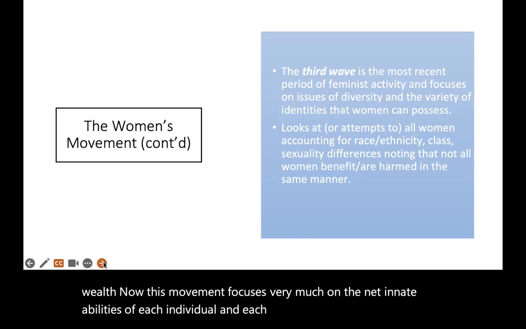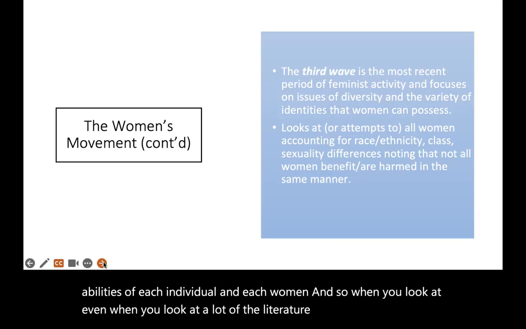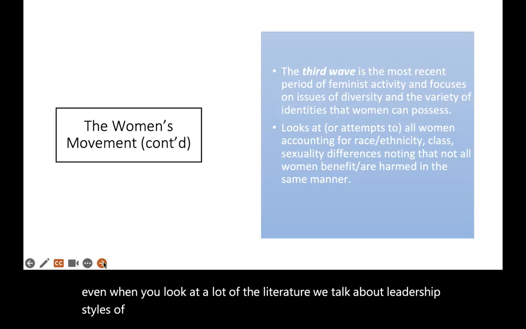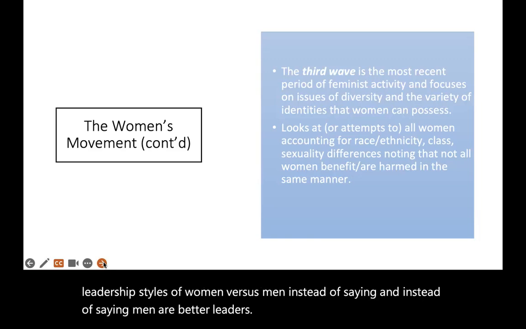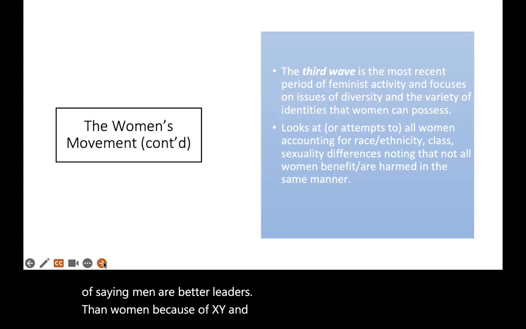And when you look at a lot of the literature, when we talk about leadership styles of women versus men, instead of saying, well, men are better leaders than women because of X, Y, and Z, we don't talk about that anymore.